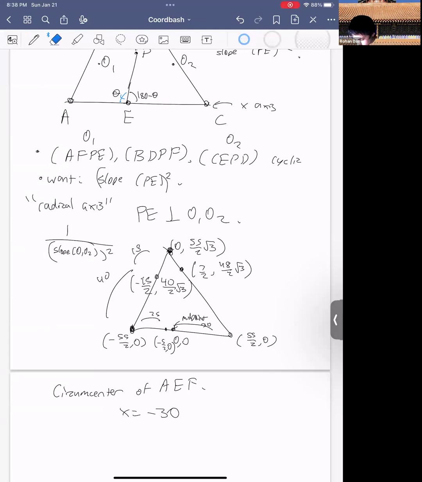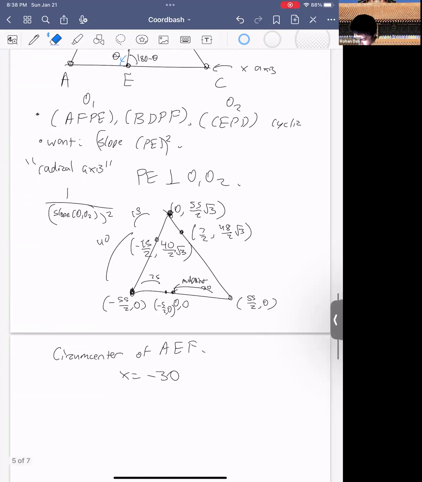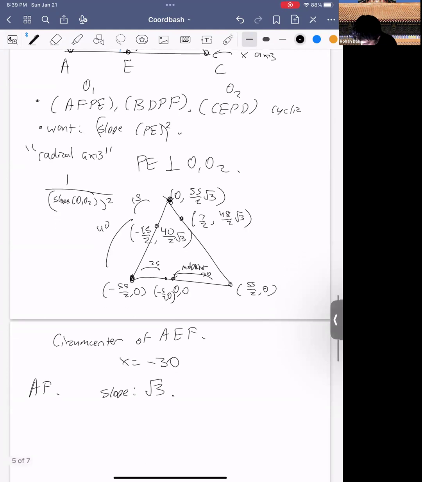We can now just pick one of the lines AF and EF and find its perpendicular bisector. So let's go with AF. The slope is root 3, and you can find this by doing this minus this over this minus this.